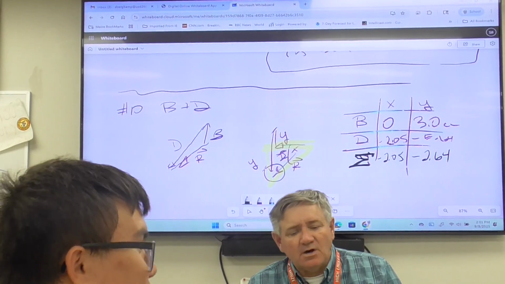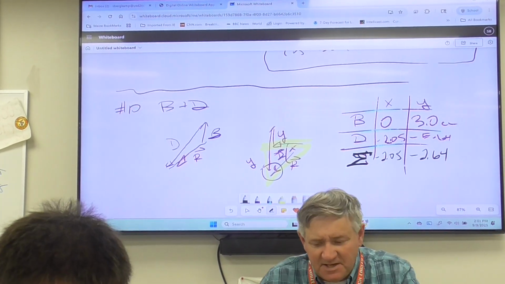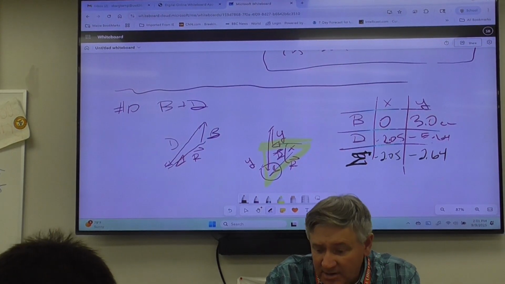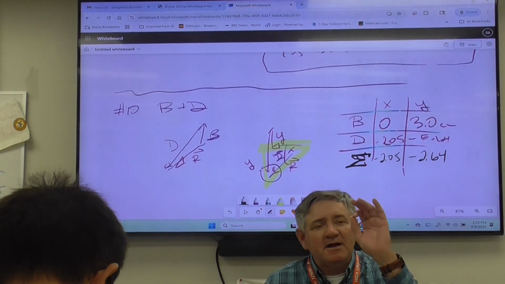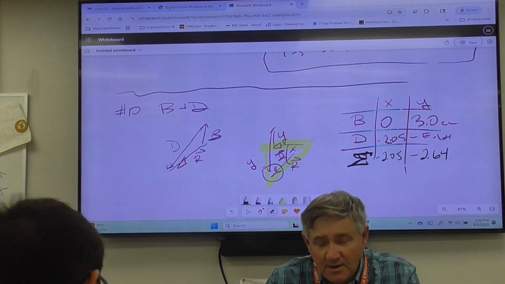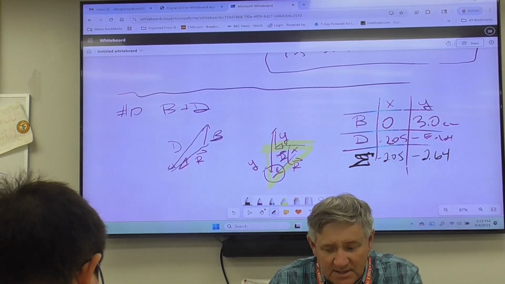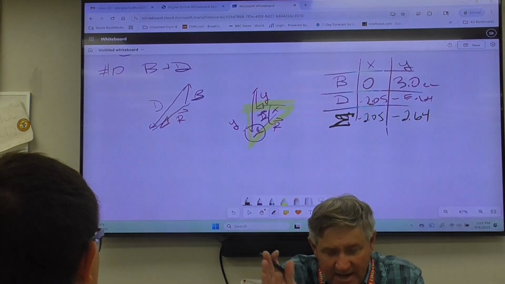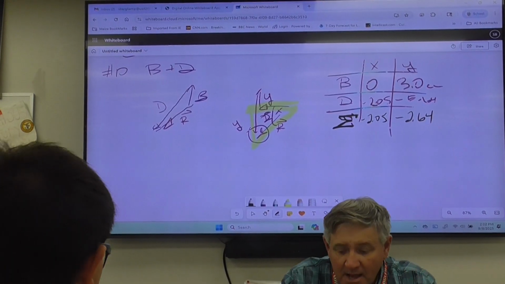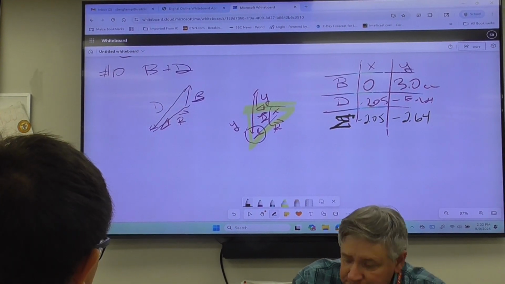Okay, so what we're doing is we're taking b plus d. We set up a chart that said, here's our x components, here's our y components. Now, this is the most critical step: you take the x components and the y components, just from the chart that we just filled out, and you draw a new triangle.